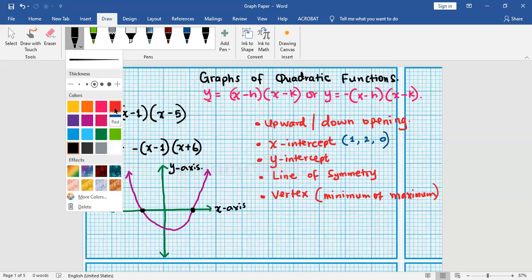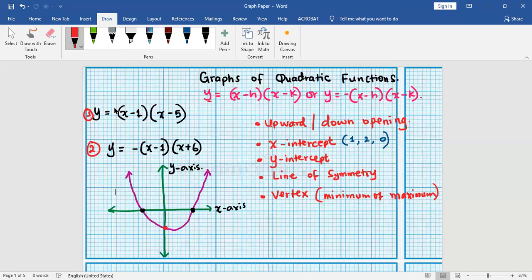Now, this one with the red point is what we call the y-intercept. Then, what we call the line of symmetry.